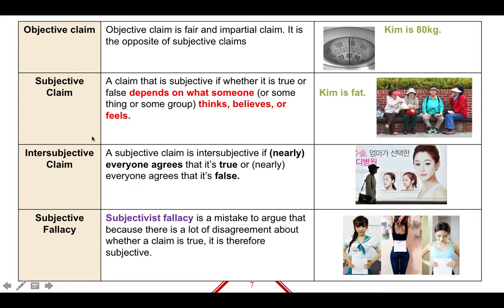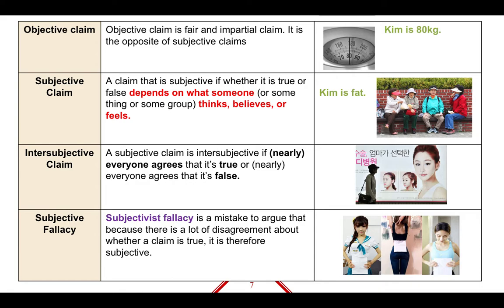Now, in subjective claim, there are two more terms that you have to understand. The first one is intersubjective claim, and another one is committing a subjective fallacy. Let's talk about intersubjective claim first. Intersubjective claim is when in a group of people, in one community, the whole group believes the statement.